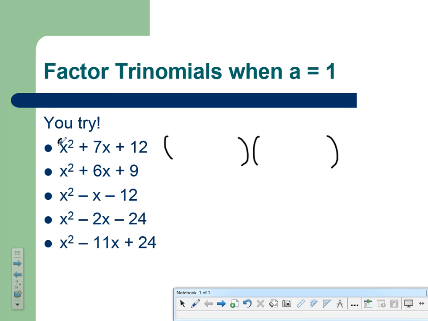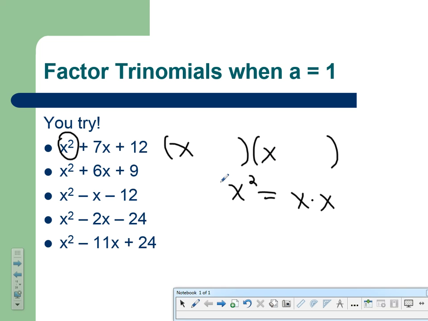Our first term is x squared, so we want to list our factors of x squared. The factors of x squared are x times x. And we want to put that here and here.